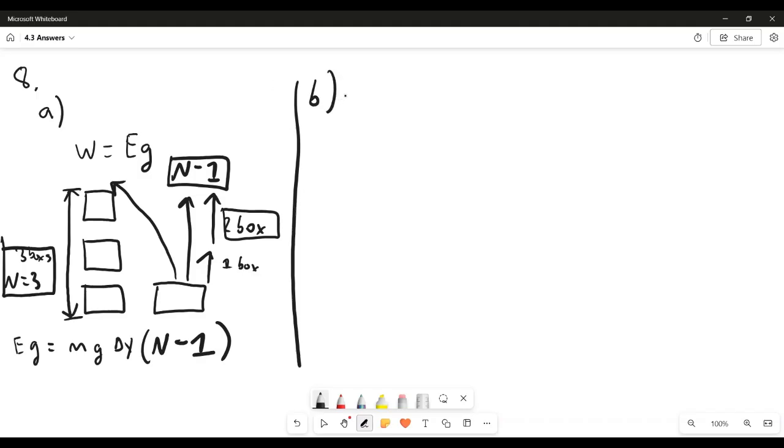Part B is where it gets a little bit more tricky. In part B, what it's asking for is the gravitational potential energy stored in the entire pile. And so again, we know the gravitational potential energy is equal to mass into gravity into change in y.